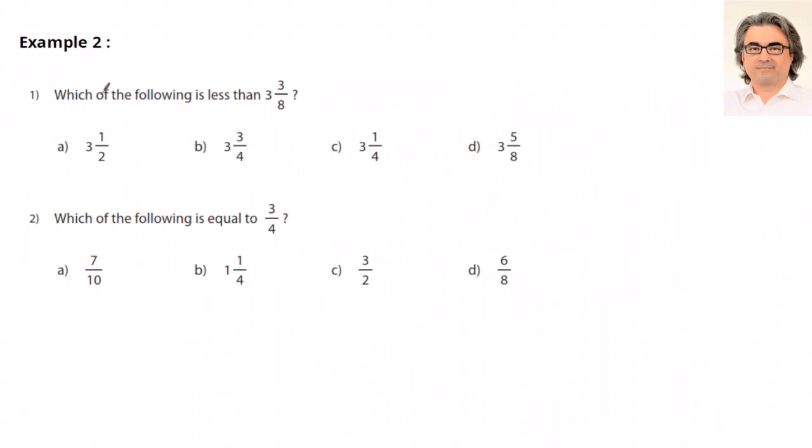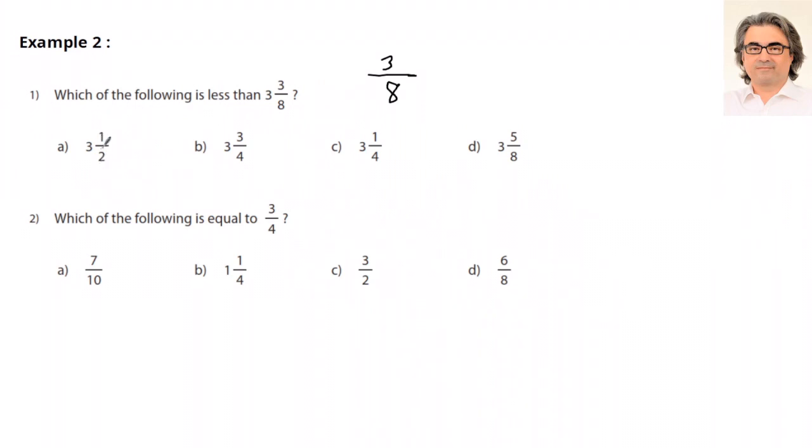I should find the fraction which is less than the given number 3 and 3 over 8, or I should find the fraction whose fraction part is less than 3 over 8.